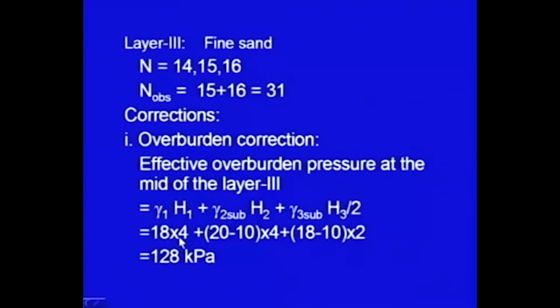So, 18 into 4, I am assuming here gamma W is equal to 10, so 20 minus 10 into 4 plus 18 minus 10 into 2, 128 kPa is the value of the effective overburden pressure at the mid of layer number 3.